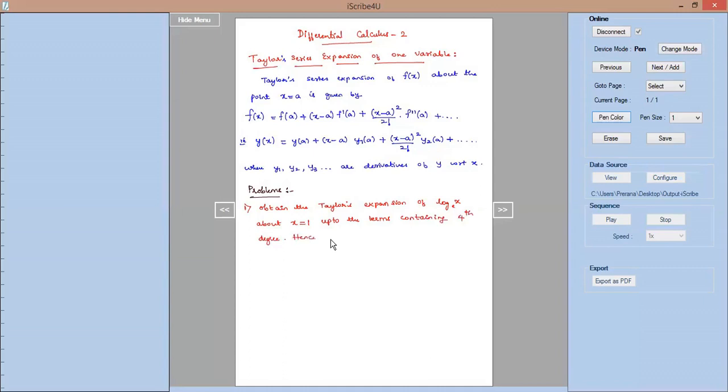Hence obtain the value of log of 1.1 to the base e.